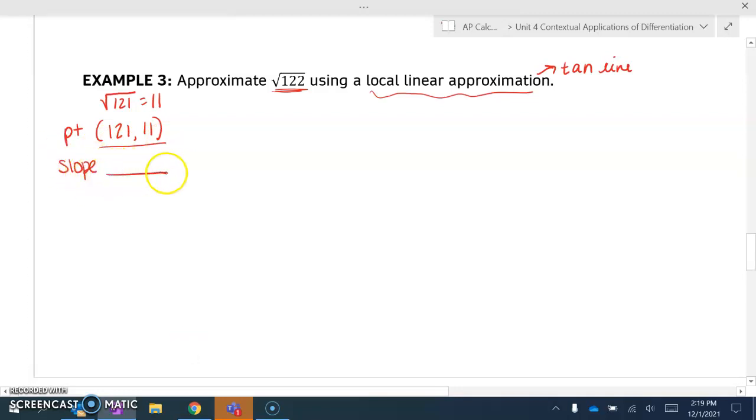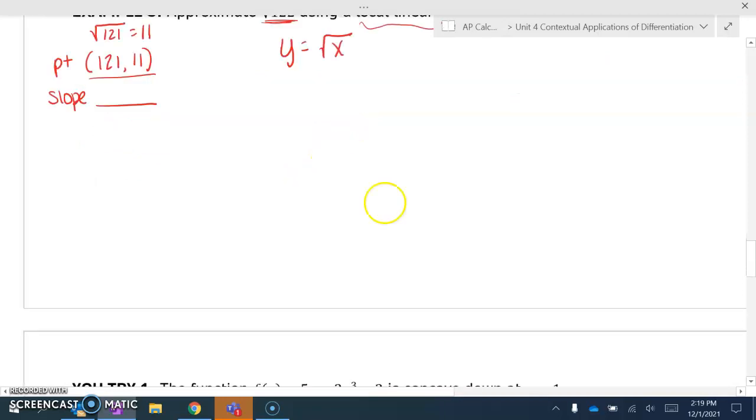And if you're thinking about slope, hopefully you're thinking, well, what's a function I could use? Well, what function are we really using? What function are we plugging these values into? Hopefully you're saying the square root of x, right? I just plugged in 122 for x. Here I just plugged in 121 for x. Okay, well, let's take the derivative of that.